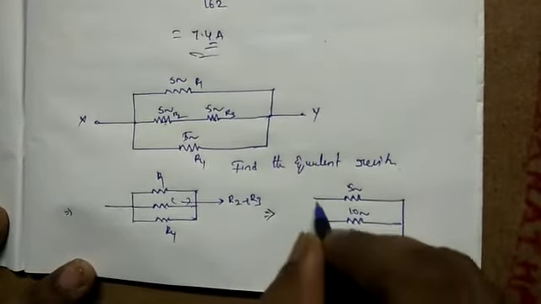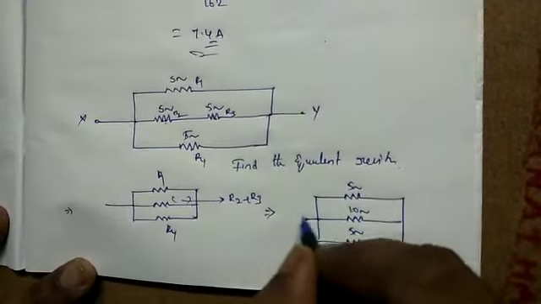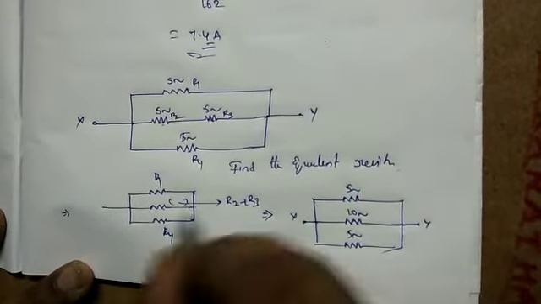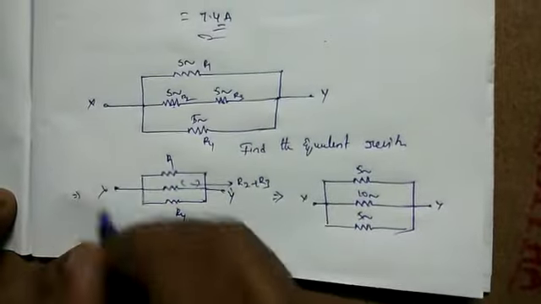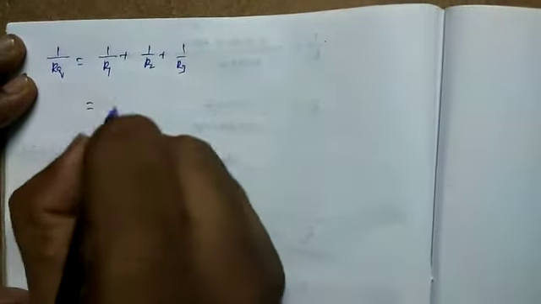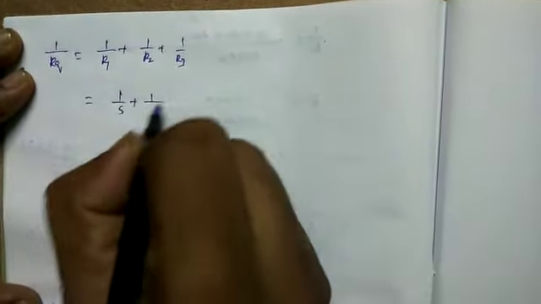And 5 ohms. So across XY, 1 by R equivalent is equal to 1 by R1 plus 1 by R2 plus 1 by R3. That is 1 by 5 plus 1 by 10 plus 1 by 5.